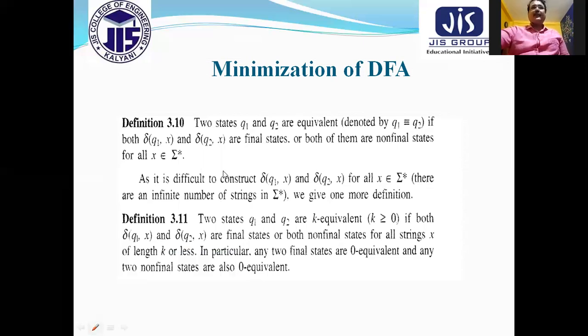Now you can see that it says two states Q1 and Q2 are equivalent, denoted this way, if and only if both are final states or both are non-final states, for all values of x belonging to this. What is the meaning of this? Suppose I draw this figure.